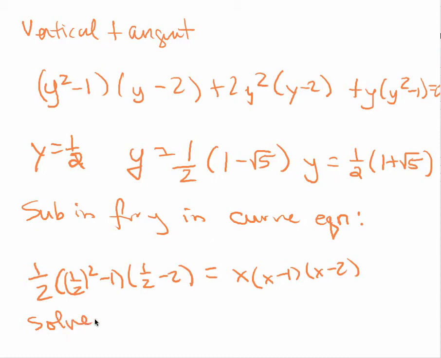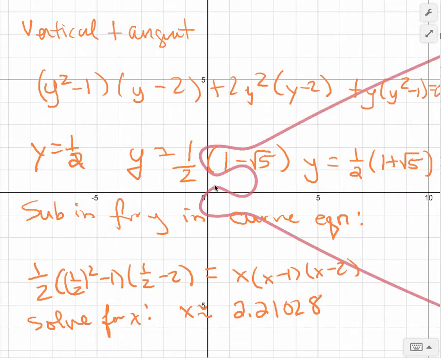Solve for x using, again, graphing calculator or whatever, and we'll get that x is approximately 2.21028. And let's bring the graph back up. So that was y is a half. Y is a half right here. And then x is about 2 1/4, 2.21028.